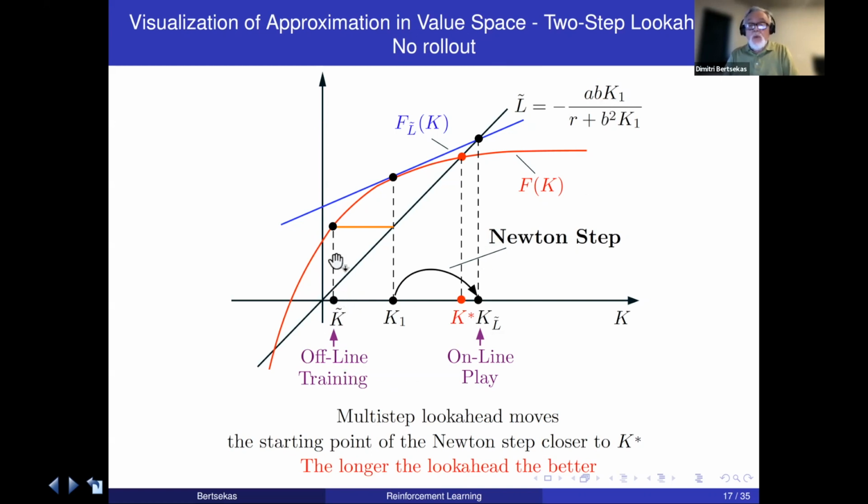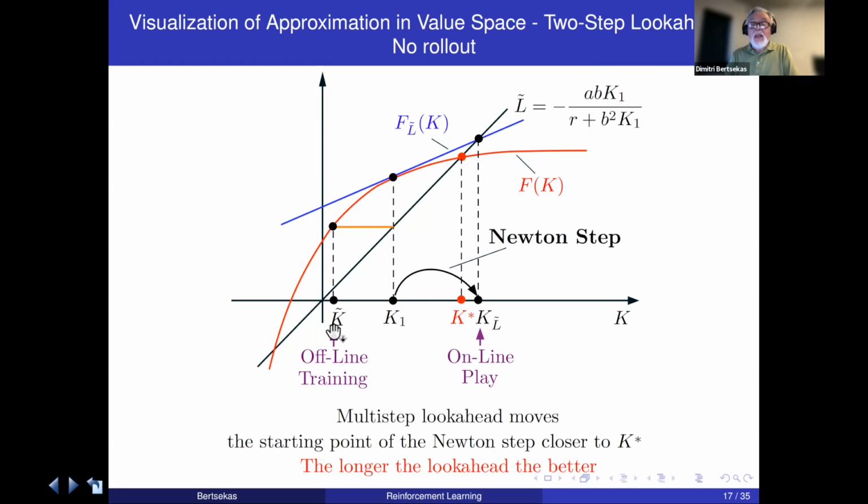Two-step look ahead would first do a value iteration, go to this point, and then take the Newton step. If you had three-step look ahead, you would go to this point, and then from a closer point to k star, you would try a Newton step.